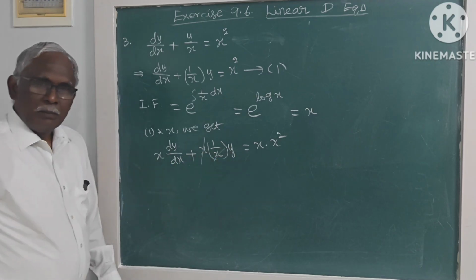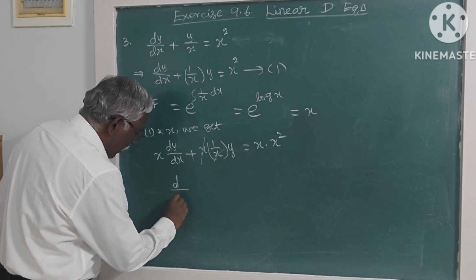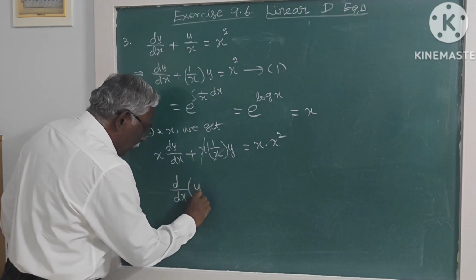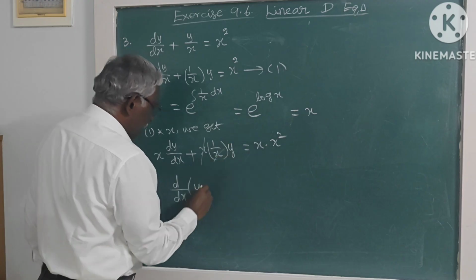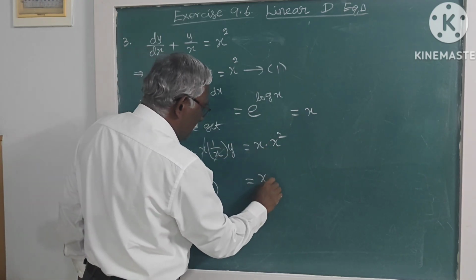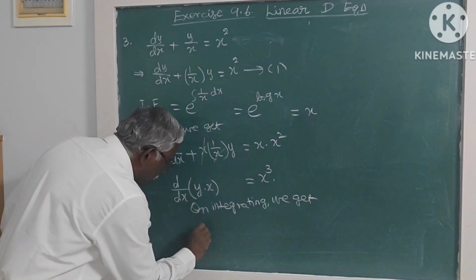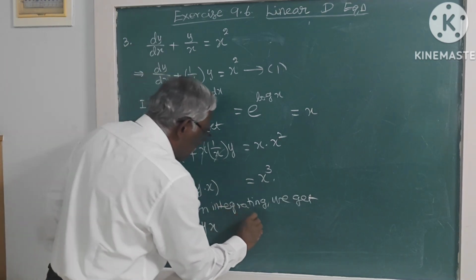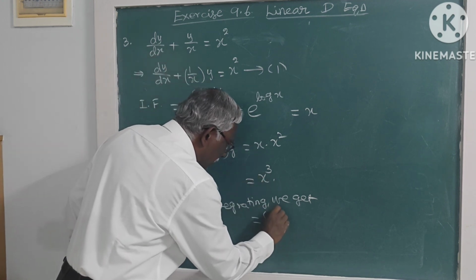So the left hand side becomes d by dx of y into integrating factor. Integrating factor is x, so y into x, equal to x cube. On integrating we get y into x equal to integral x cube dx.